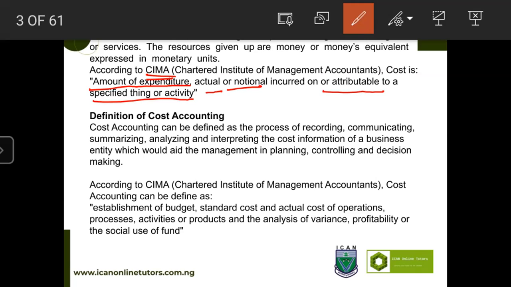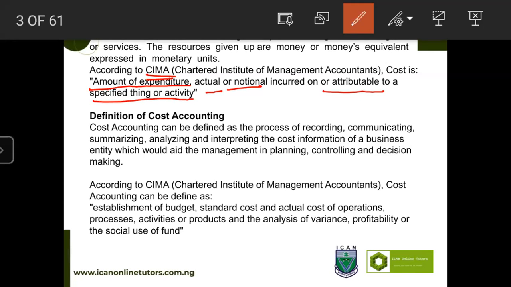Cost accounting tends to look at how much you are spending for each unit of item you are adding into your product line or into your production. And when we get to the difference between cost accounting and financial accounting, we are going to expatiate more on that. For us to know that cost accounting and financial accounting are different, even though they are similar, they have a large difference between them.